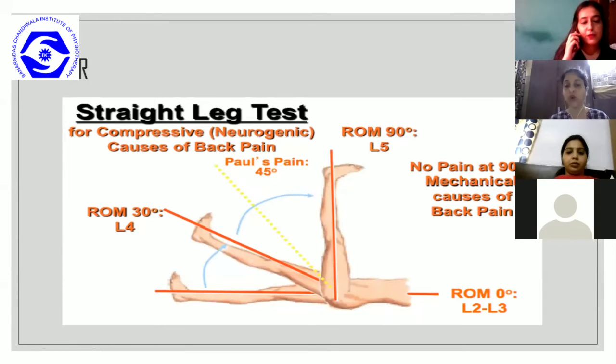The normal range of motion of hip flexion is 50 to 120, which depends on the individual. An athlete or a gymnast will have it beyond 120, and others usually have it from 50 to 90 degrees. If the pain in SLR is above 90 degrees, this is purely mechanical pain, with no neurological involvement.